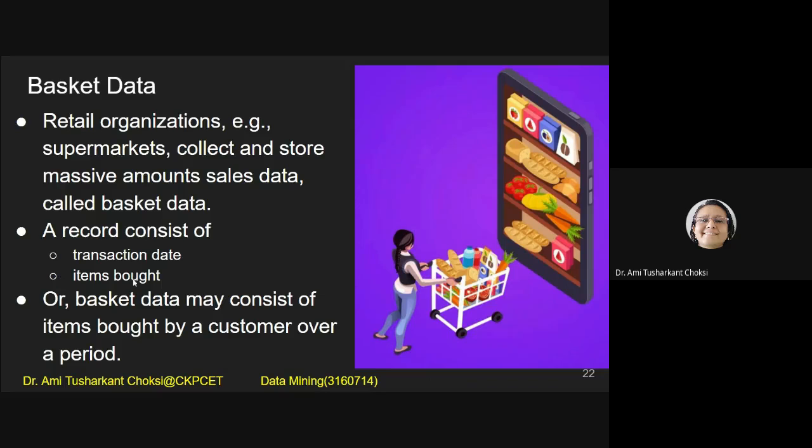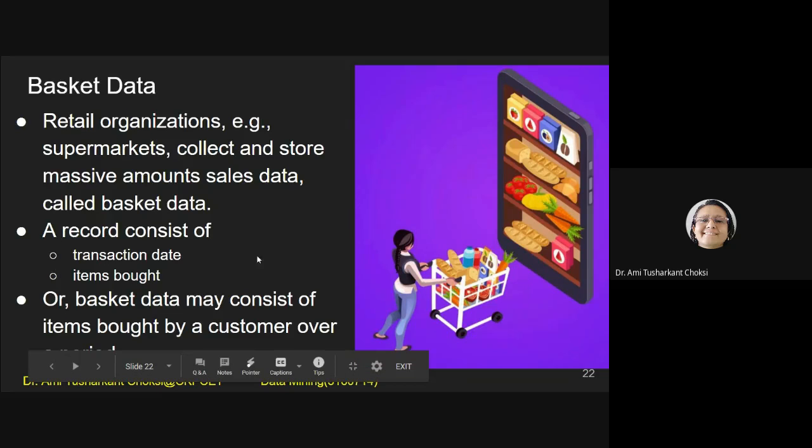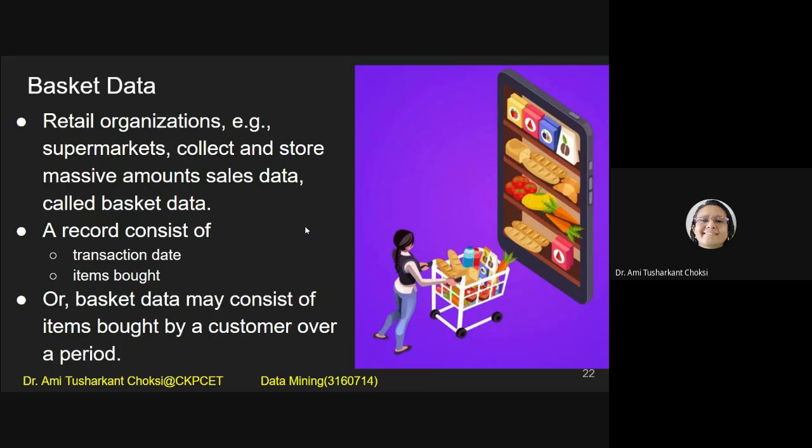Or basket data may consist of items bought by a customer over a period. Daily? No. Weekly? No. Monthly? No. Yearly? Something like this. Maybe we have the exact date, or otherwise we can have data wherein the person purchases a particular item weekly. That is what we have in the basket data.